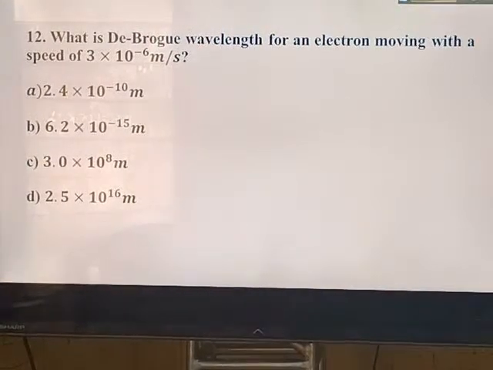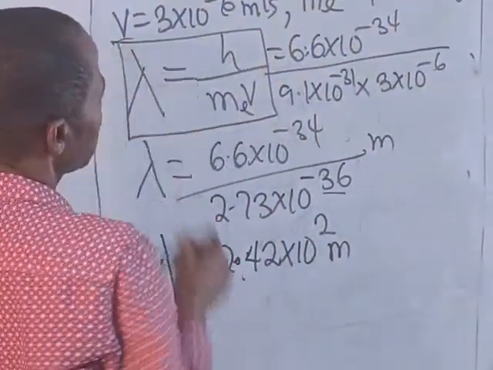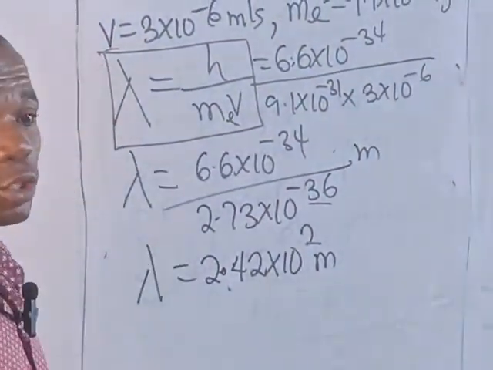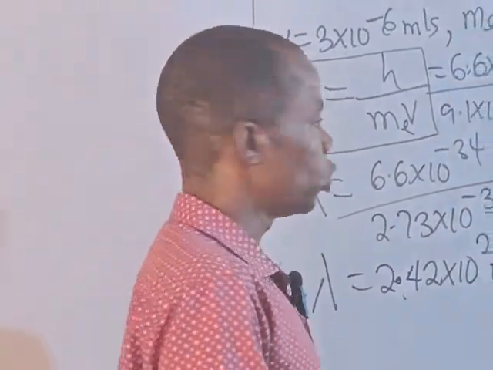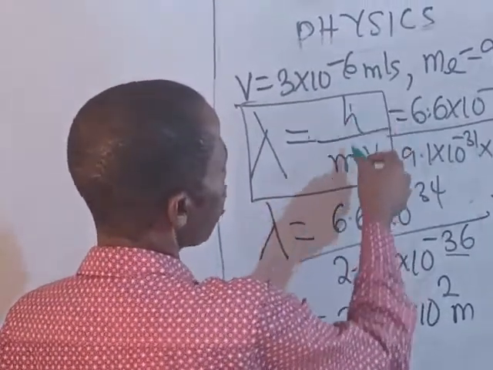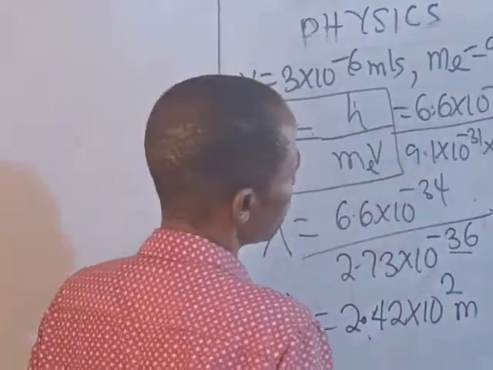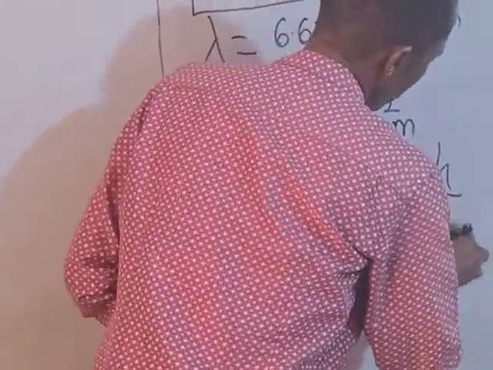And please remember, this is the de Broglie equation because at times they even ask this expression. They can ask you which of the following expressions represent the de Broglie equation. It is lambda is equal to h all over mv. Although at times it can also be expressed as lambda is equal to h all over p.